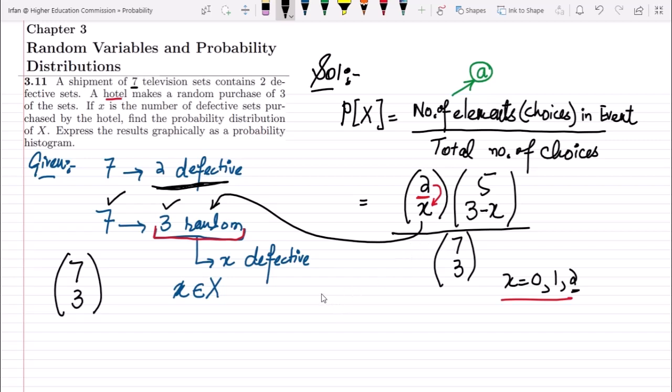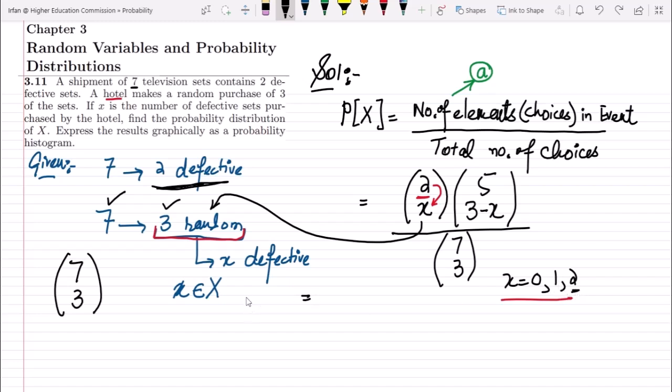Now in order to solve it, what do I have to do? I have to basically open it. So it would be 2 factorial divided by 2 minus x factorial, and so on. But before doing it, I have to put in different values of x, because I know that the defective items would be either 0, no defective item out of these three items, or 1, or 2.